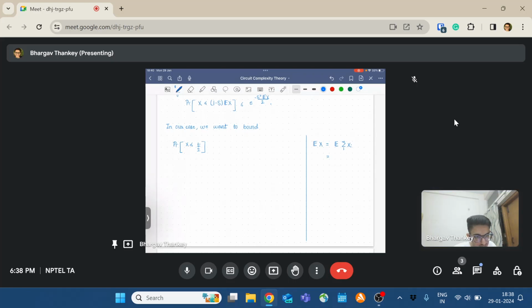You can multiply 1 by 4 and 1 by 4 repeated times. Why 1 by 4? What's represented by the expected value of x here? Because expected value is just like the average of x, right? So x can be 1 with probability 3 by 4 and 0 with probability 1 by 4.